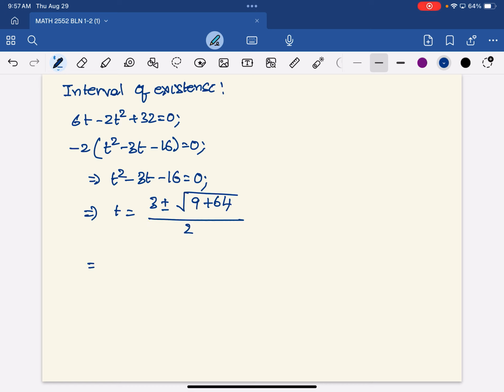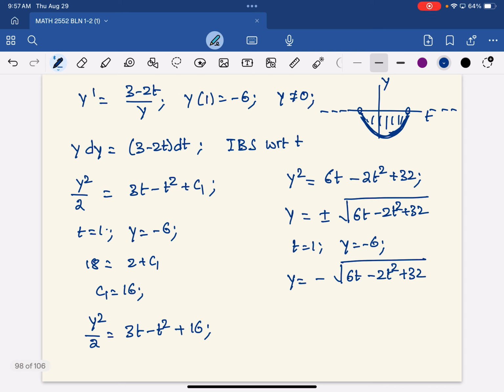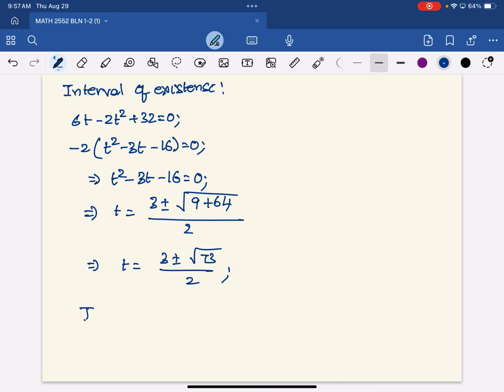So this gives me t equals 3 plus or minus the square root of 73, divided by 2. Is that clear? So this t value is 3 minus the square root of 73 over 2, and this t value is 3 plus the square root of 73 over 2. So I'm telling you that this nonlinear, non-autonomous initial value problem has a unique solution just in this interval, not everywhere. You see that?